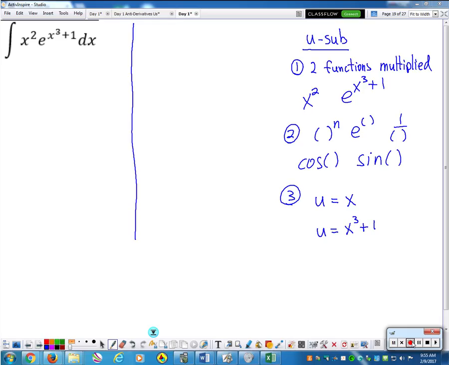Here, we told us that u is equal to x cubed plus 1. So instead of writing e to the x cubed plus 1, we can write e to the u. It's all about equality. The reason we're allowed to write this is because we have told the grader that u and x cubed plus 1 are the same thing.